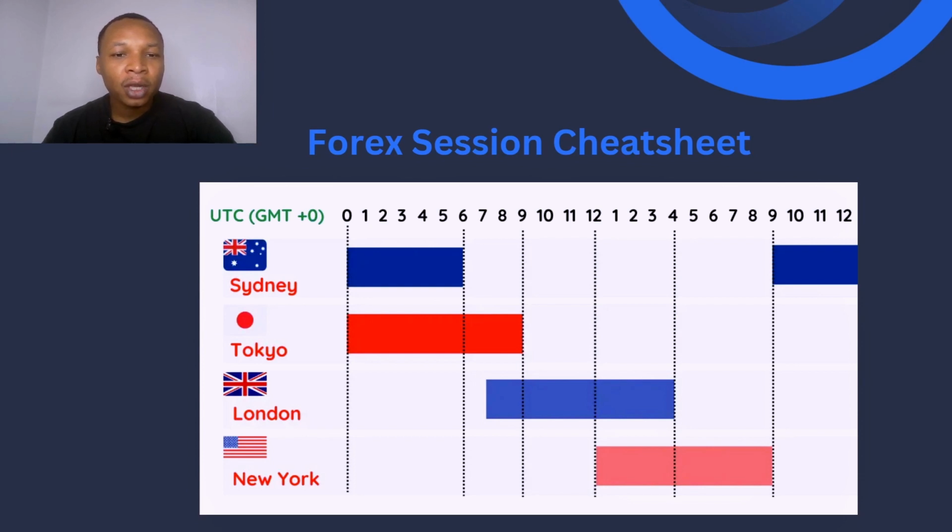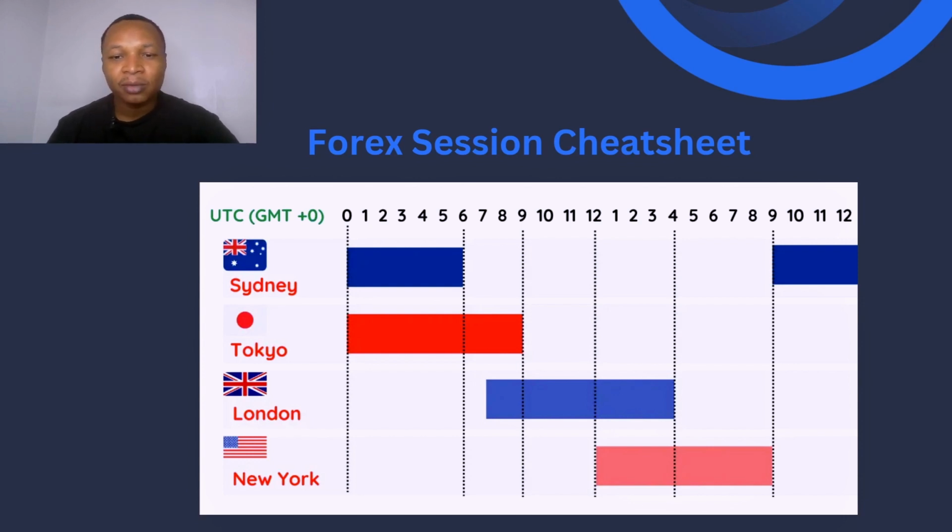So for someone who's trading in London, you may be asleep during the Tokyo or the Asian session because it's about midnight in London, but it's daytime in Asia. So for someone whose time zone is around GMT, you should be looking to take advantage of the London session into the early part of the New York session.